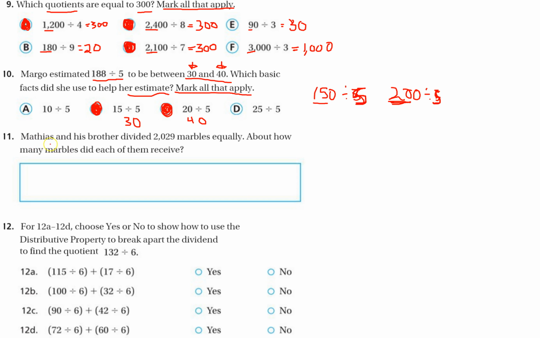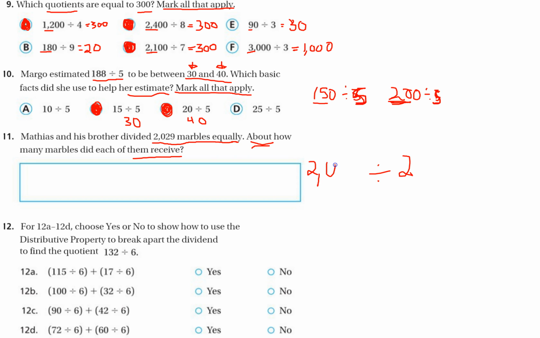All right, Matthias and his brother divided 2,029 marbles equally. So I'm estimating how many marbles did each receive. Well, since I'm dividing by 2, I want to estimate this first number, 2029, into something that's going to be really easy to divide by 2, which is going to be 2000.